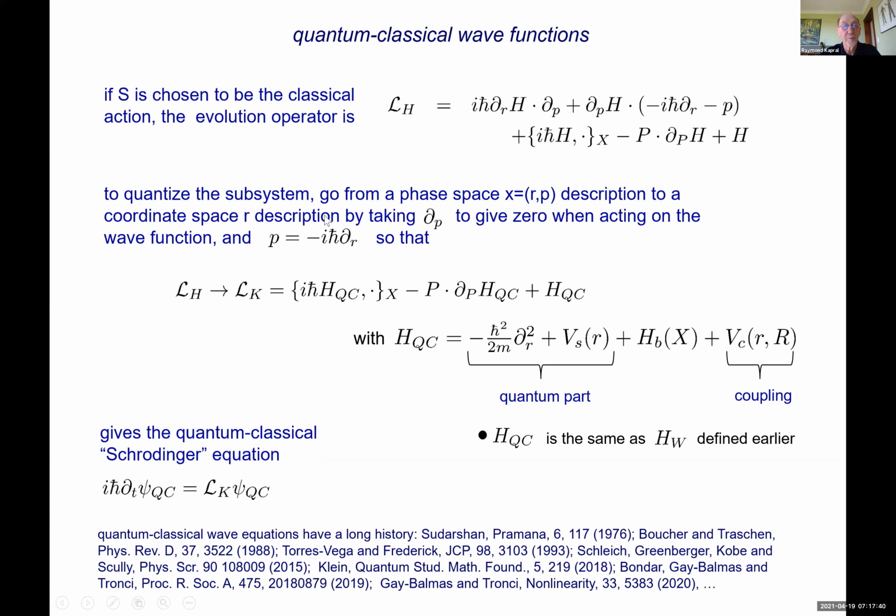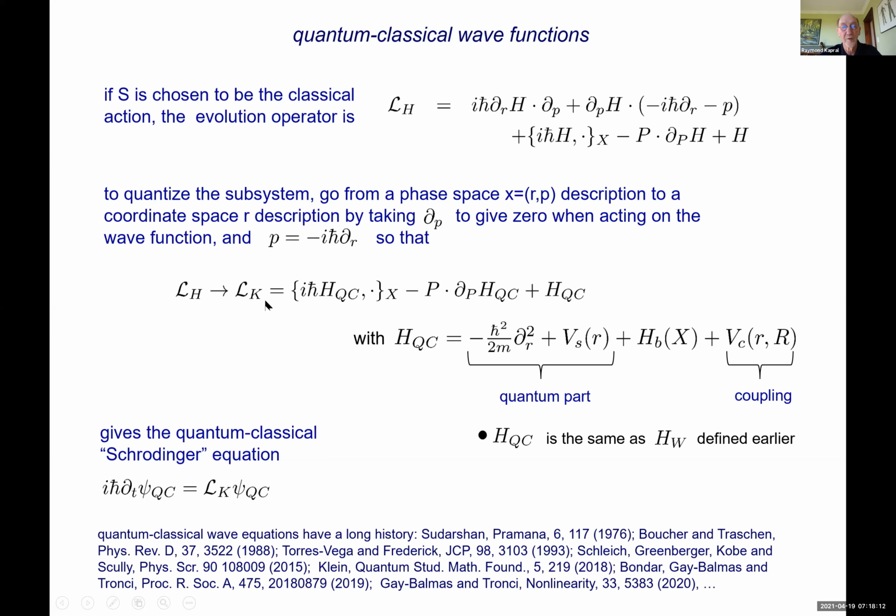So in any event, the procedure for quantizing such a system is, we want to go now from a phase space description to a coordinate representation. And so we have to do something with the momentum terms. And roughly speaking, one assumes that the momentum derivatives give 0 when acting on the wave function, and momentum is replaced by the usual correspondence in quantum mechanics.